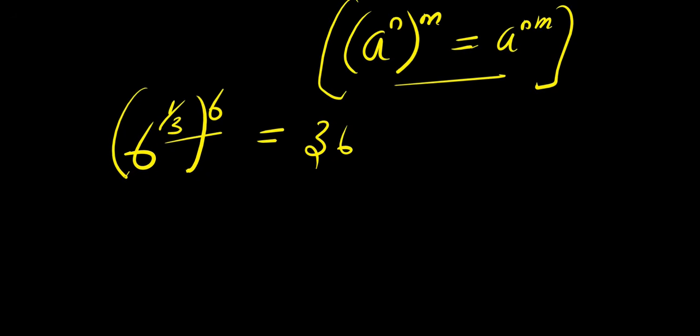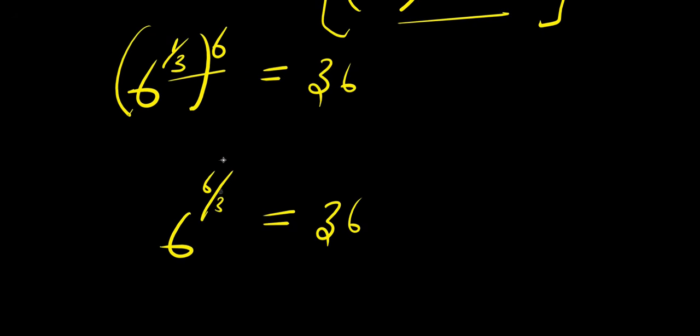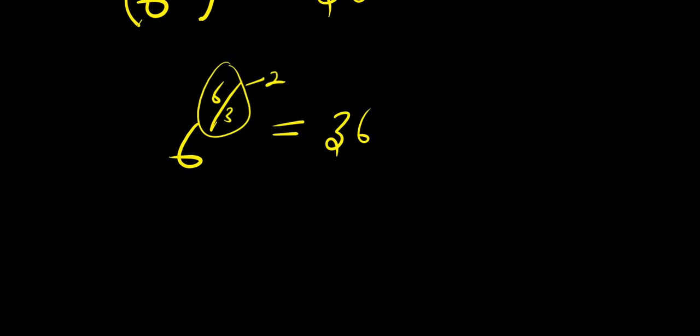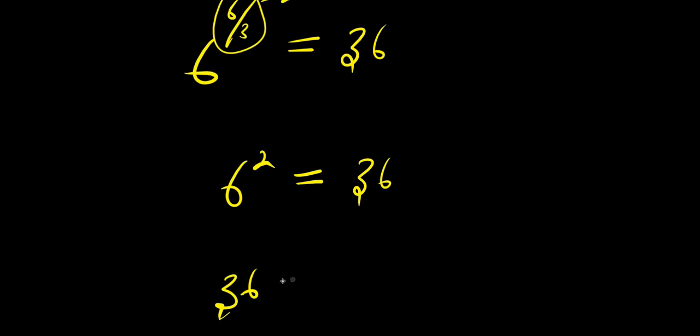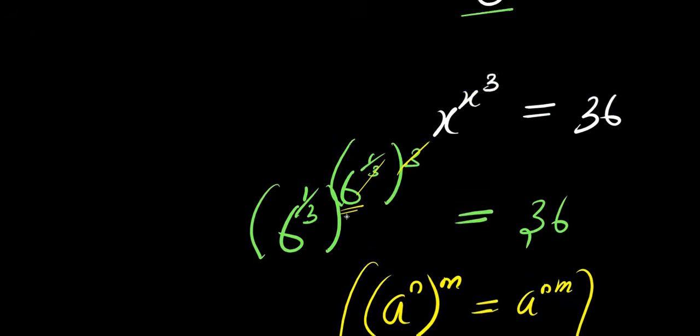So we simply have 6 power 6 times 1 divided by 3 equals 36. And from here, 6 divided by 3 is 2. So we simply have 6 power 2 equals 36. And 6 power 2 is 6 times 6, that is 36, equals 36. So guys, this is how you solve this exponential problem step by step.